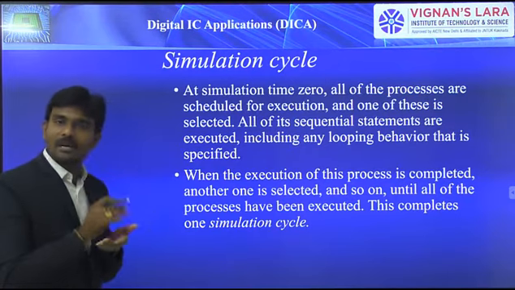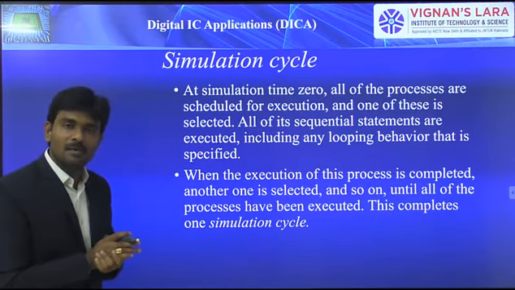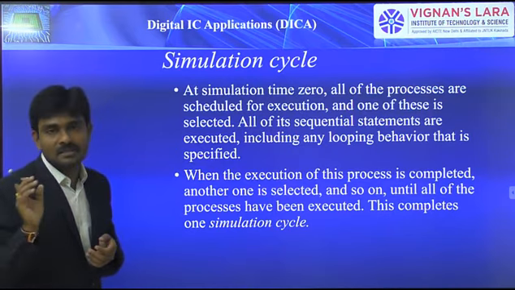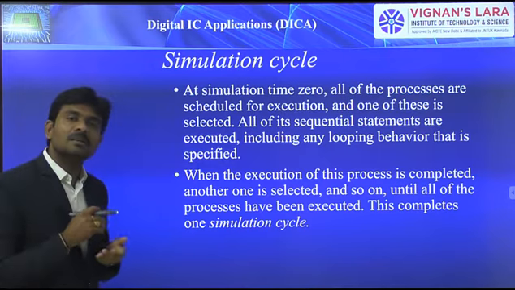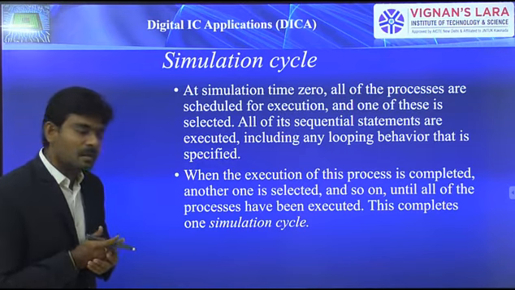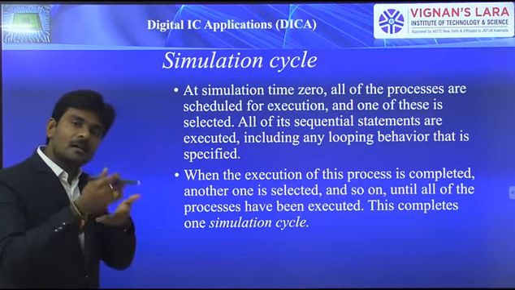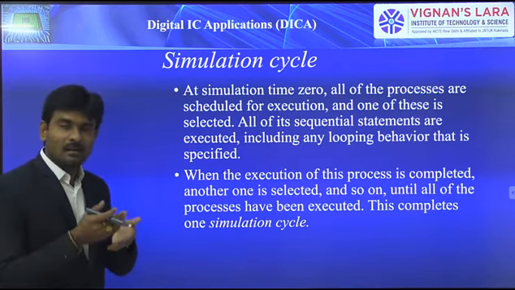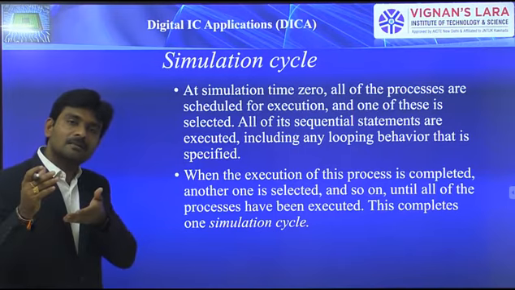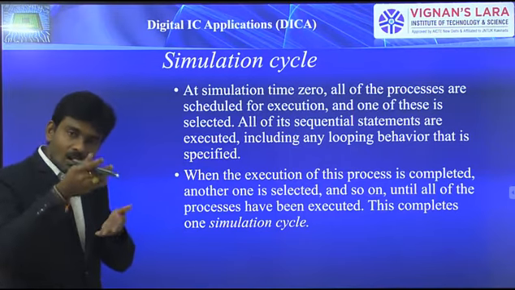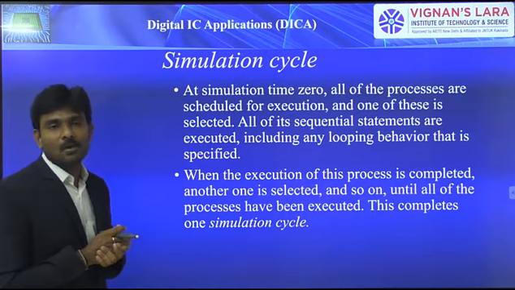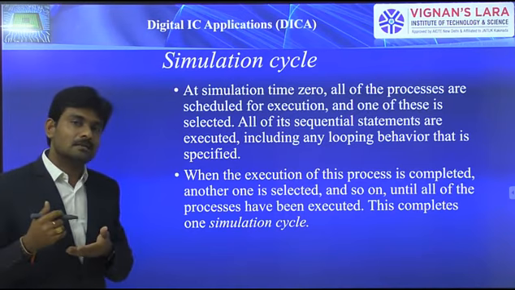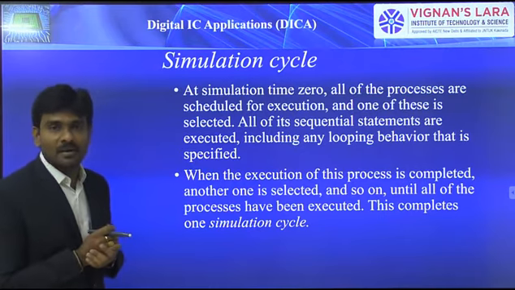After executing, since a process consists of multiple sequential statements, once all those sequential statements are executed, the process is closed and control comes to the next process whose sensitivity list values are varied. Control goes to that process and starts executing it. Like that, all processes need to complete first.